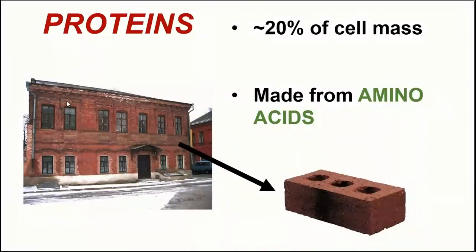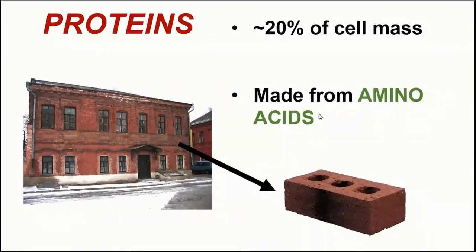In much the same way that a brick building is constructed of little bricks, you can think of the protein as the brick building and the amino acids as the bricks, the individual components that make up that building. There are 20 common amino acids that make up pretty much most, if not all, of the proteins in your body.